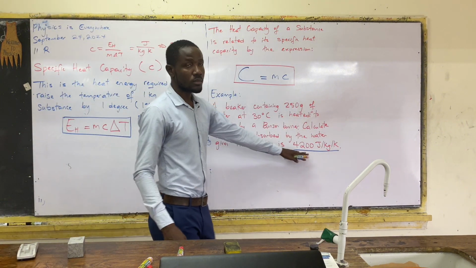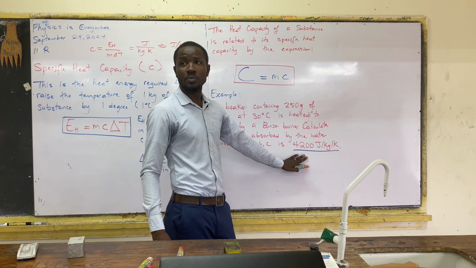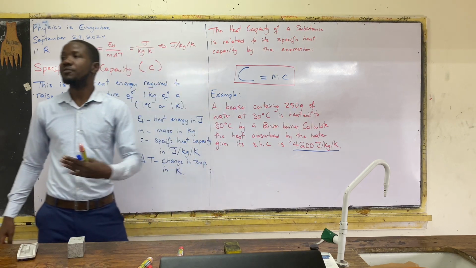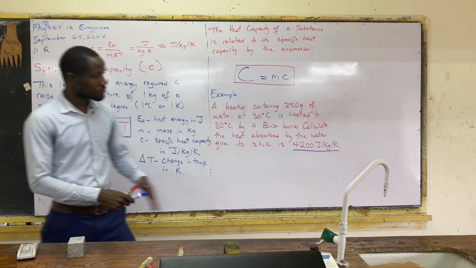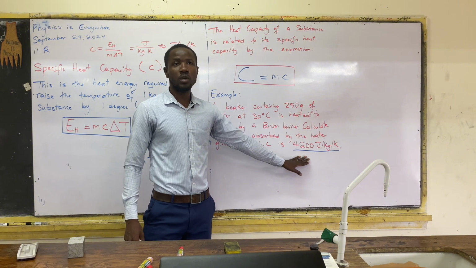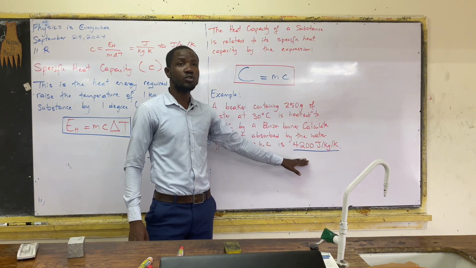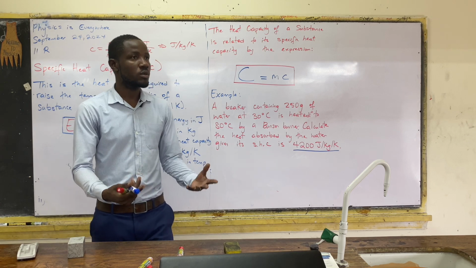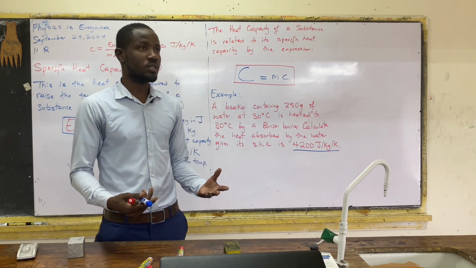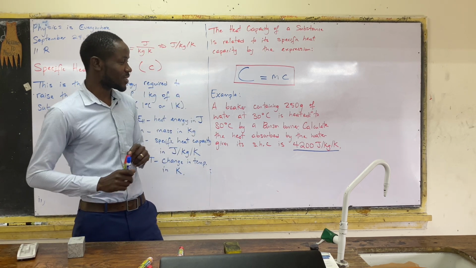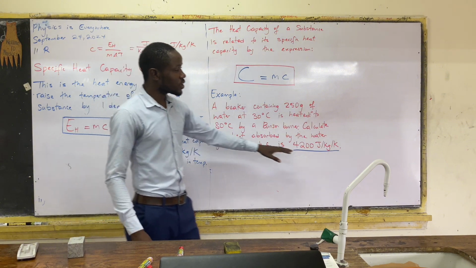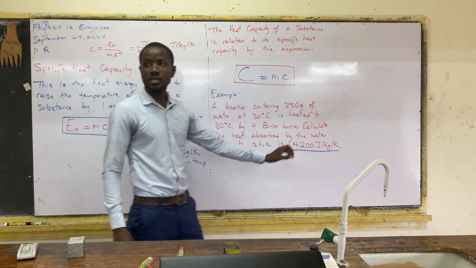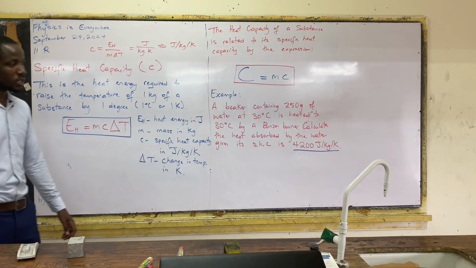We can use the specific heat capacity to identify the substance. So if we get a substance and we're told that its specific heat capacity is 4,200 joule per kilogram per Kelvin, then we know that we're talking about water.